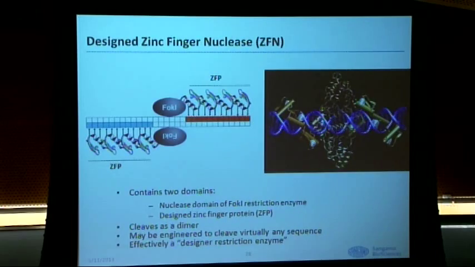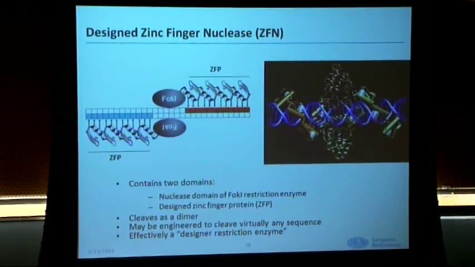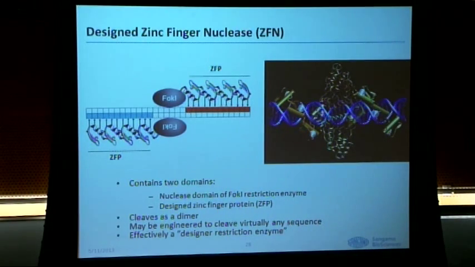So zinc finger nucleases are actually a dimer of proteins that we have to build. That's what's shown in the top left-hand side here. To create an active enzyme, we actually have to force the dimerization of these two enzymatic domains, the FokI domains. And to do that, the proteins have to bind DNA in the correct orientation and spacing. And that's a very constrained situation.